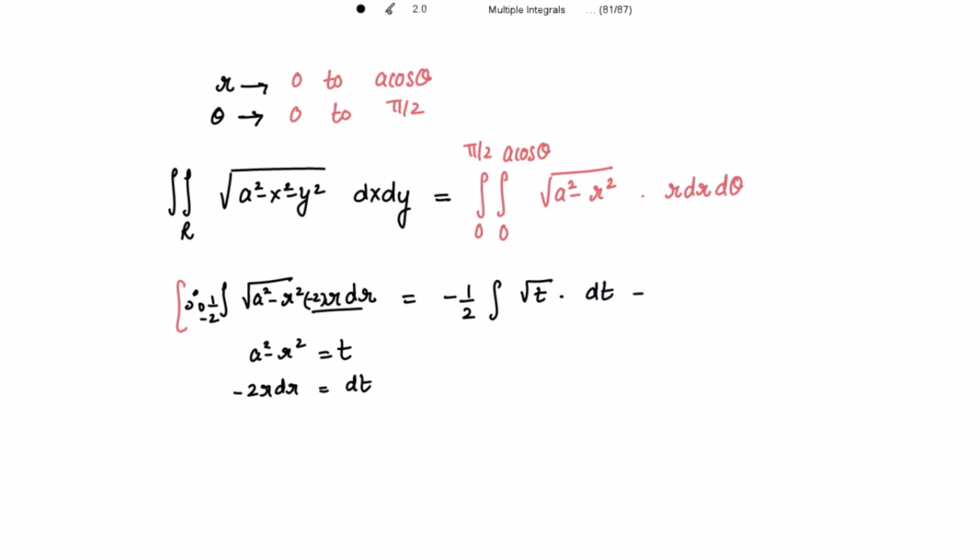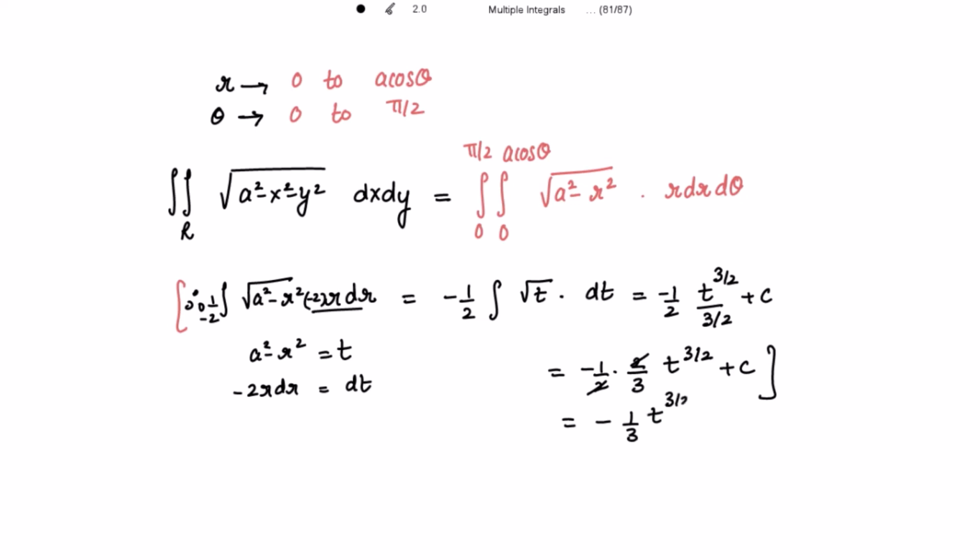The integration of t power 1 by 2 is t power 3 by 2 over 3 by 2. So this is minus 1 by 2 into 2 by 3 t power 3 by 2, the 2 and 2 cancel out. So you get minus 1 over 3 t power 3 by 2 plus c.